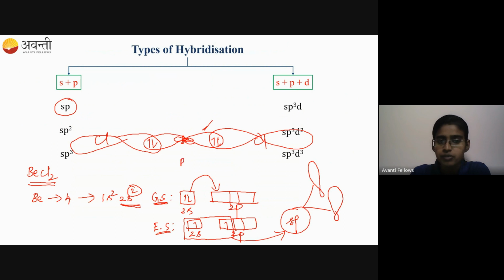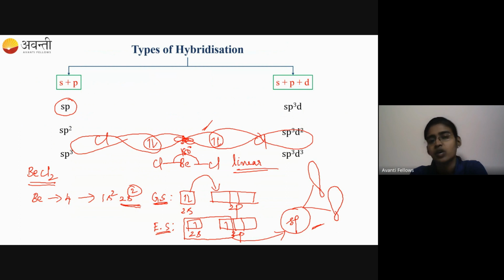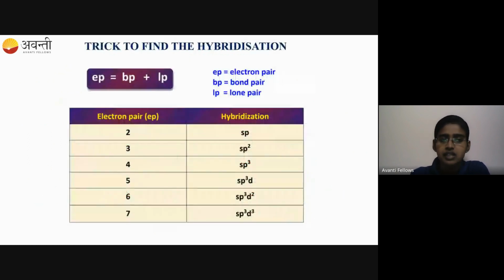They form a Be-Cl bond like this, at a 180-degree angle with each other, and the shape of beryllium chloride is linear. This is how we find out the hybridization, shape and bond angle for a given compound.